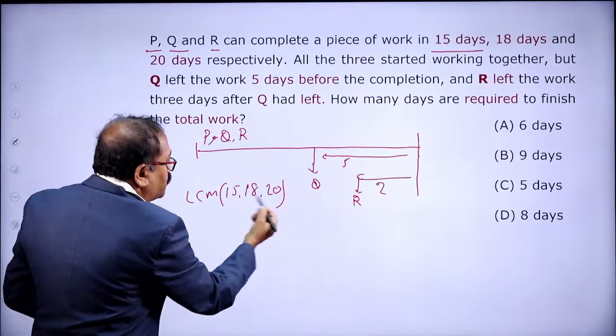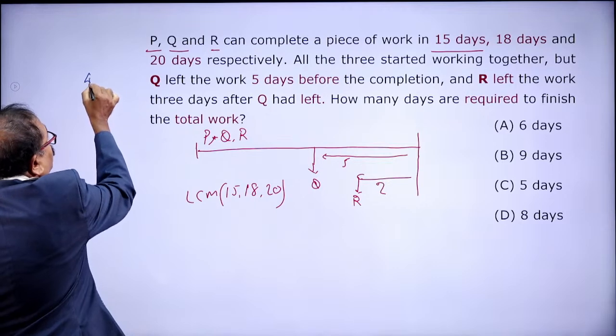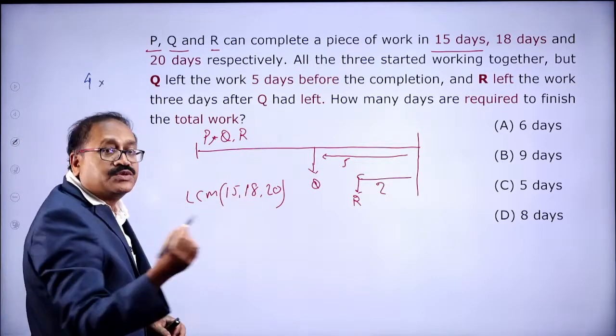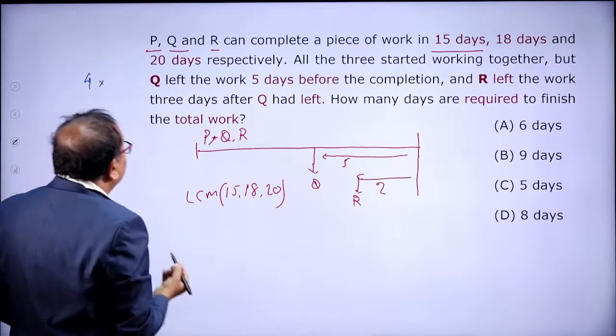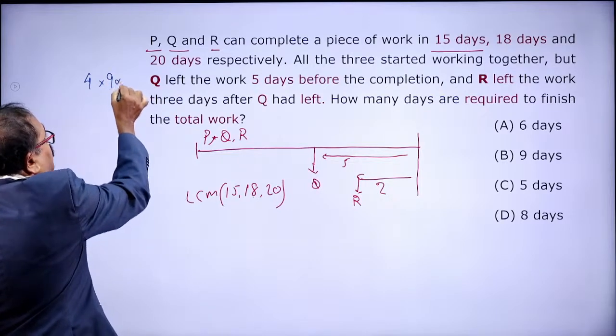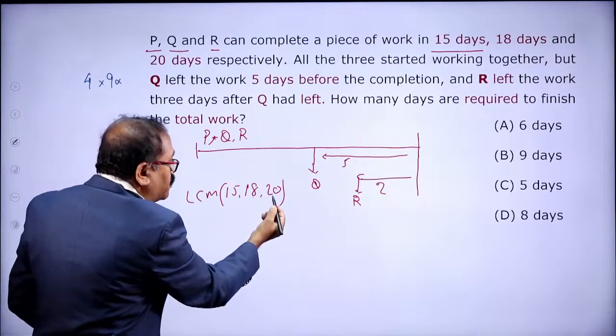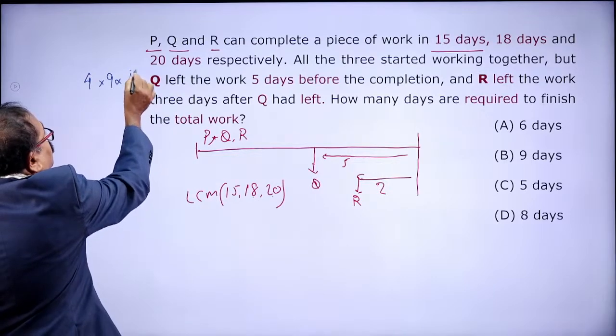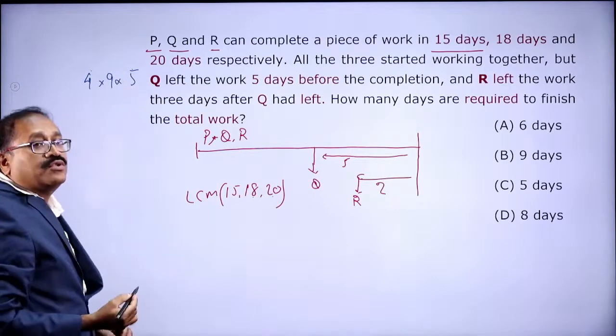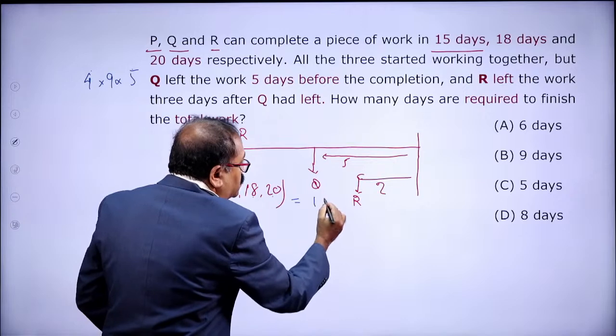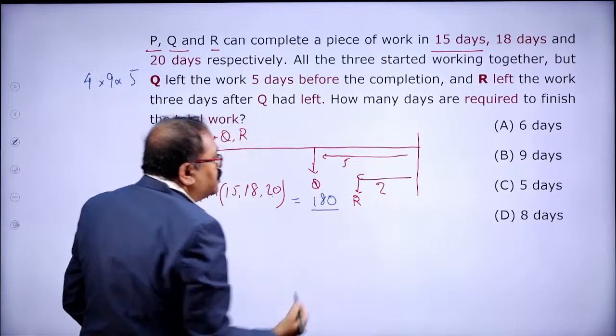What is the highest power of 2? 4 is there. Take the 4. What is the highest power of the next prime number, which is 3? 9 is here. And the next prime number is 5. What is the highest power of 5? 5 is here. So 5 into 4 is 20, and 20 into 9 is 180. Like that, 180 units are there.